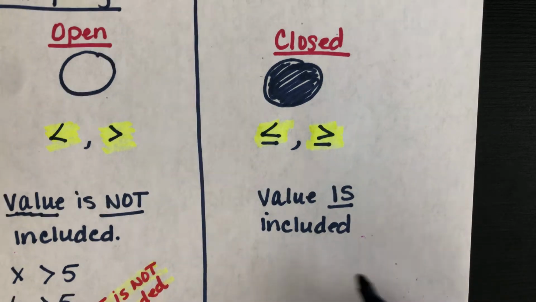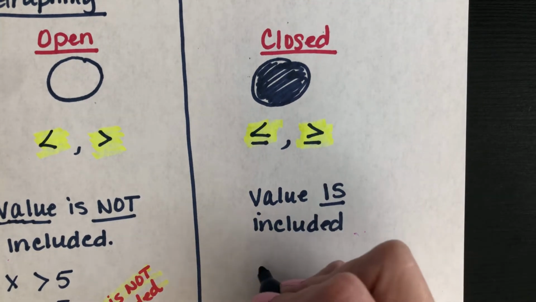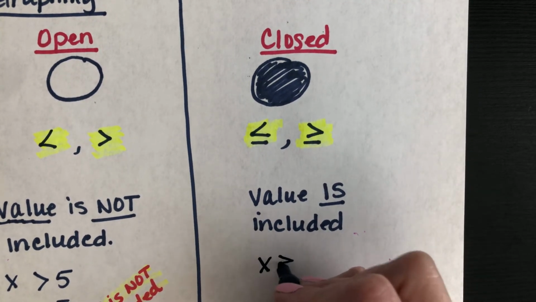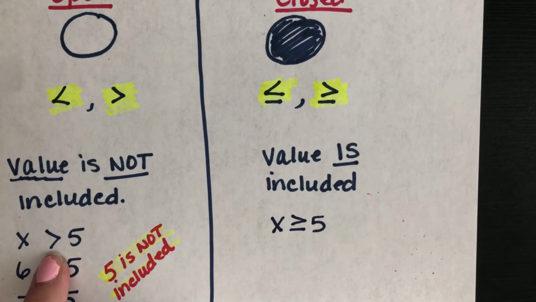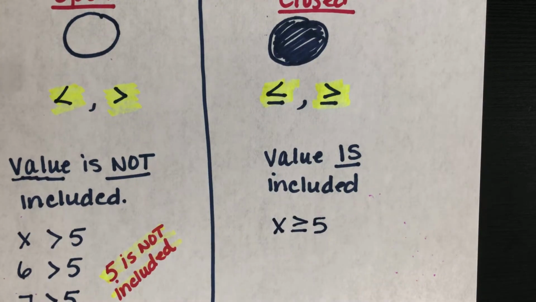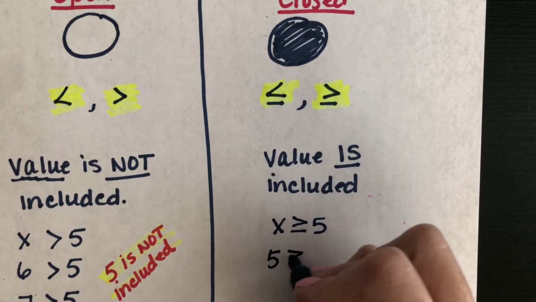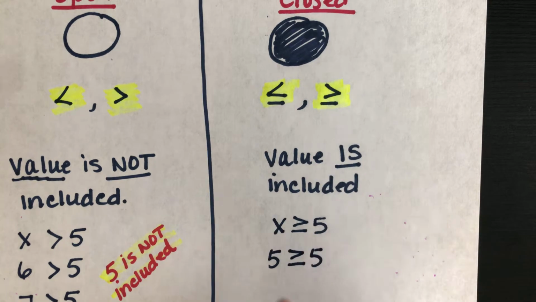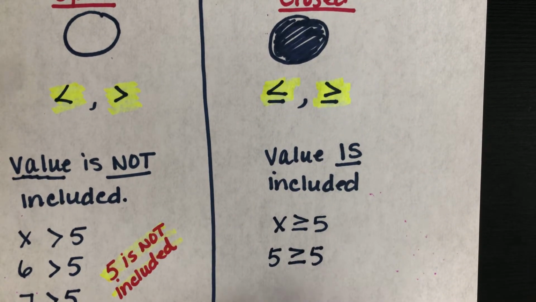In this closed circle, the value is always included. So let's look at the difference. x is greater than or equal to 5. Could I plug 5 in there this time? I couldn't over here. I could not include 5 here, but could I include 5 on this side? Well, sure, I could include 5 because 5 is greater than or equal to 5. 5 is equal to 5, so I can include 5.